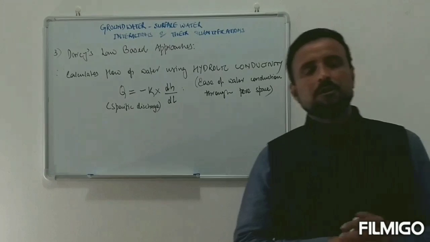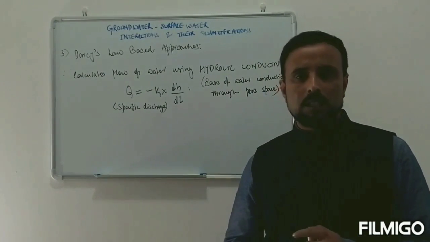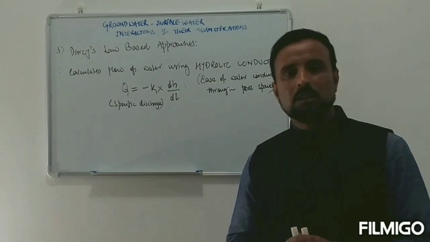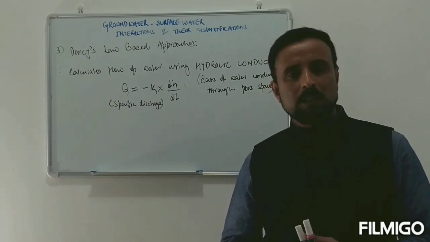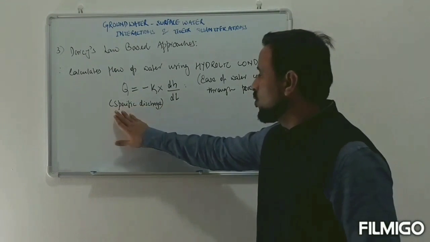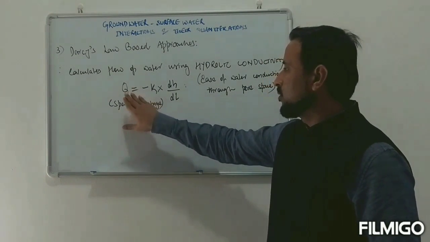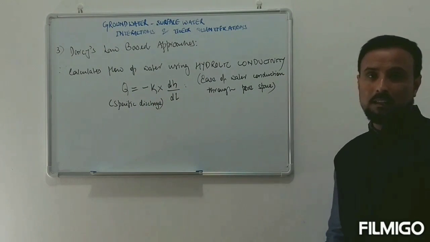Third, the approach by which groundwater surface water interaction can be quantified is by Darcy's law. Darcy's law basically tells you about the flow of water in a particular water column, right? Darcy's law says that Q, the specific discharge at a particular point, is equal to minus K into dH upon dL, right?